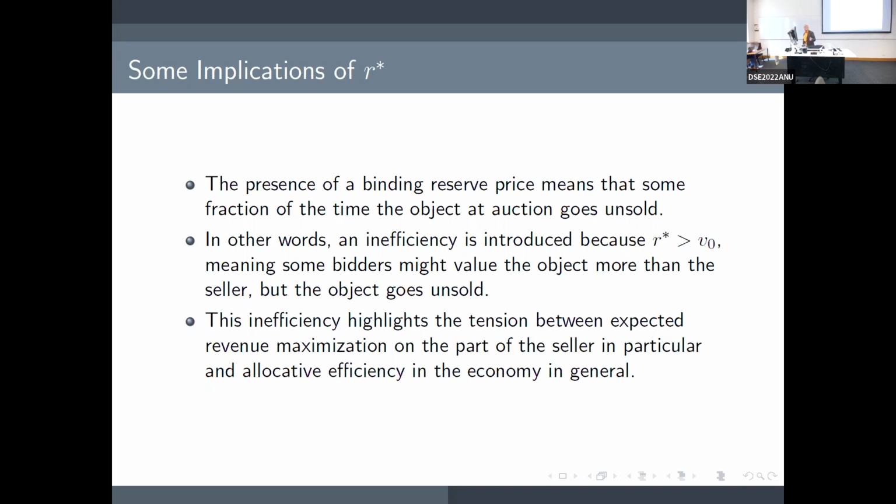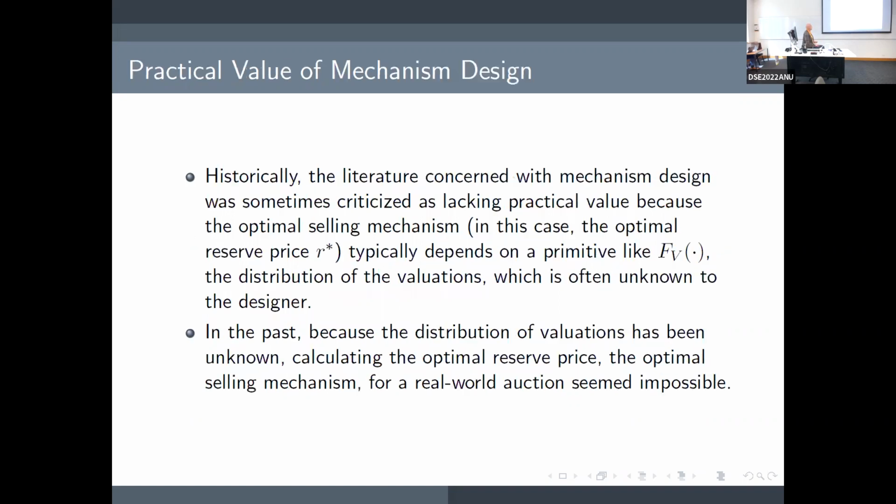That's when all N bidders have a valuation less than the reserve price. Then it just goes unsold. You just burn it. And that simple example highlights the tension between revenue maximization on the part of the seller and allocative efficiency in general, right? And for some people, that's a hard concept to get over, but it's there.